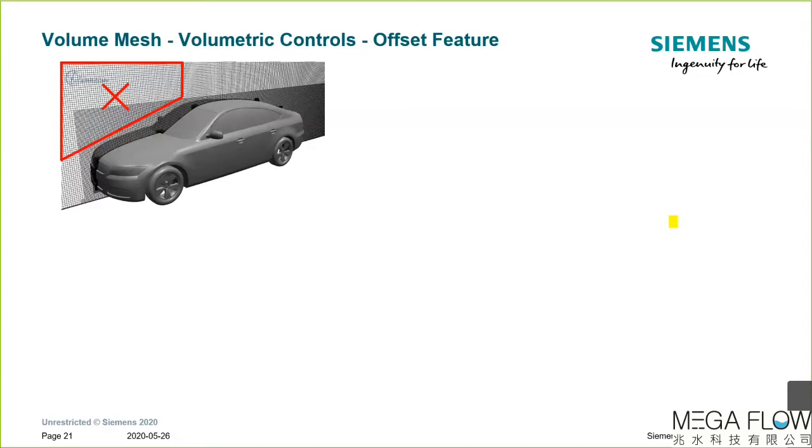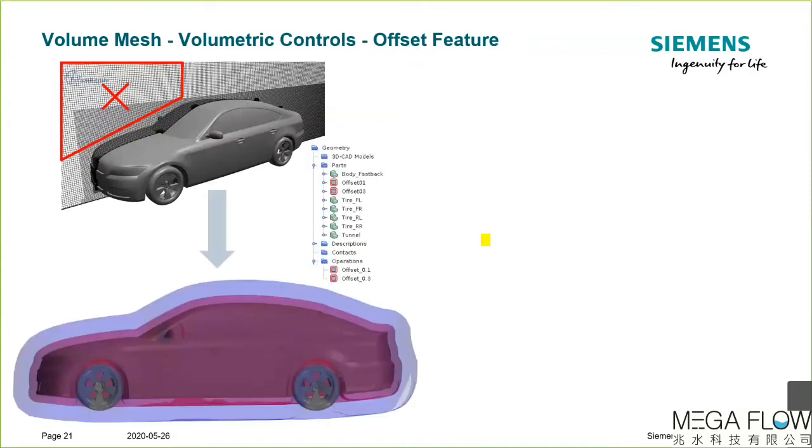In order to achieve that, we implemented almost 2 years ago a very nice feature, and that's the so-called offset feature. So it's a mesh operation, as you can see here. And all what you have to do is basically just select the car, the wheels, and the vehicle components and just create an offset. You don't need a watertight surface. It literally takes everything and you just create an offset.